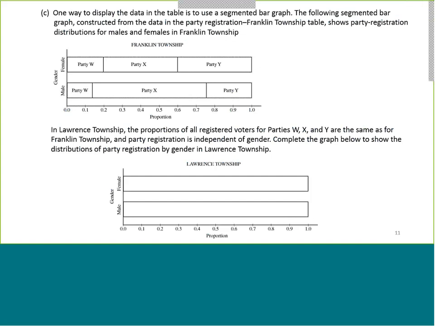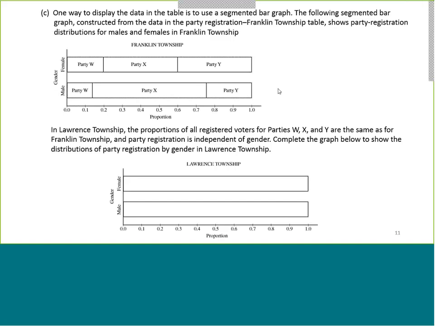So that is all of the parties and all the genders. Those are different questions. One way to see that is to think about the graph that was given to us in Part C. If party Y, being member party Y, is independent of being male, then it would be true that the two segments for party Y would be the same length.